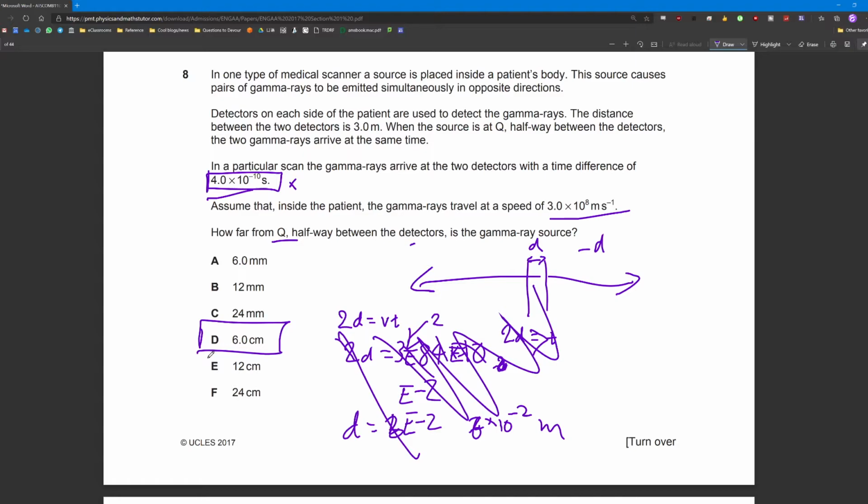Okay, so lesson learned from that. I did not write clearly, and that was the end of me. I should have at least noted in some clear manner that 2 times the distance was 3 times 10 to the 8 times 4 times 10 to the minus 10.